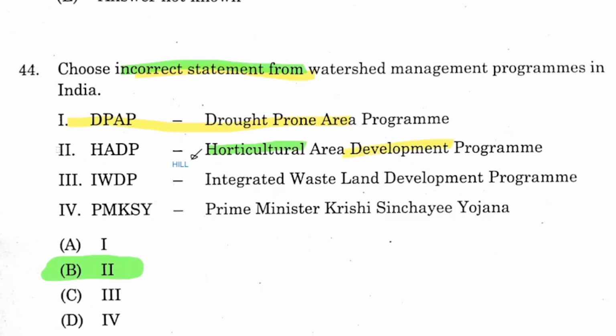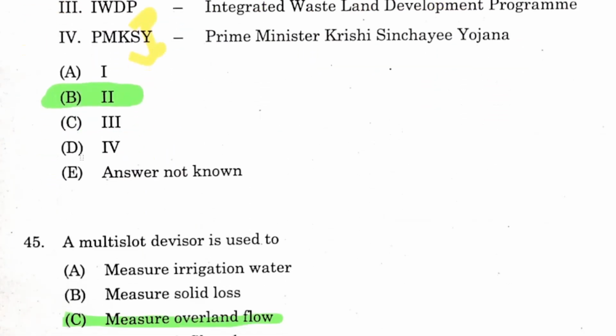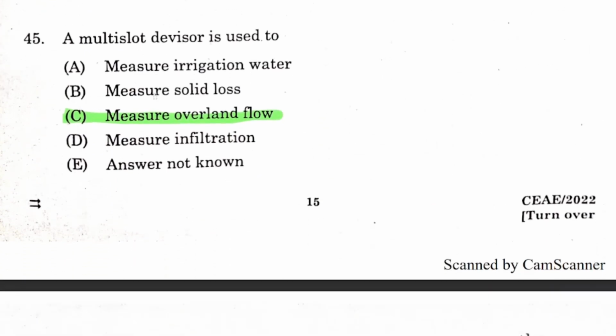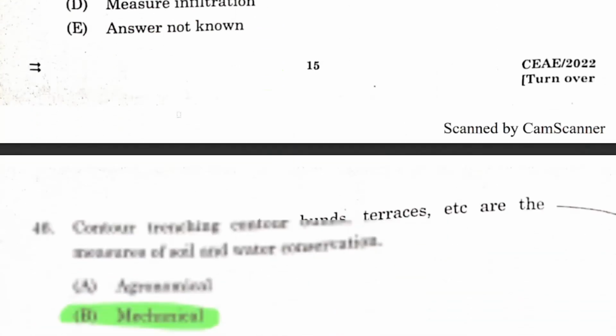So the second option is incorrect here and the other options are correct. So option number B is correct here. Next is a multi-slot divisor is used to. So multi-slot divisor is used to measure overland flow, or you can say runoff.